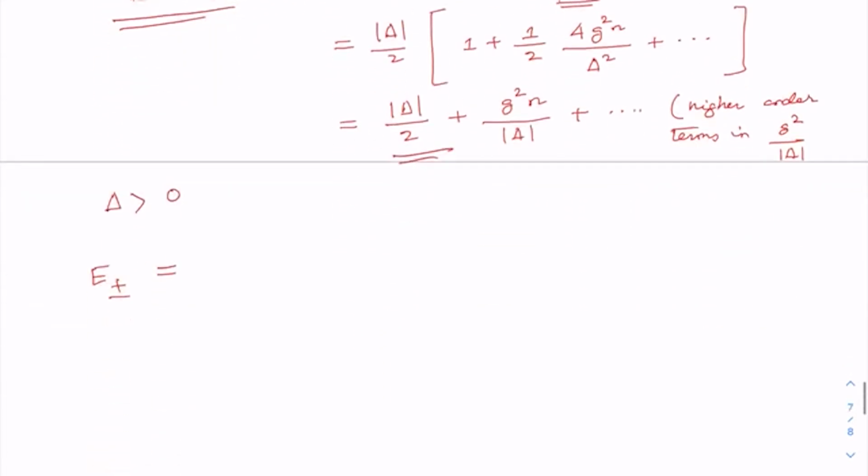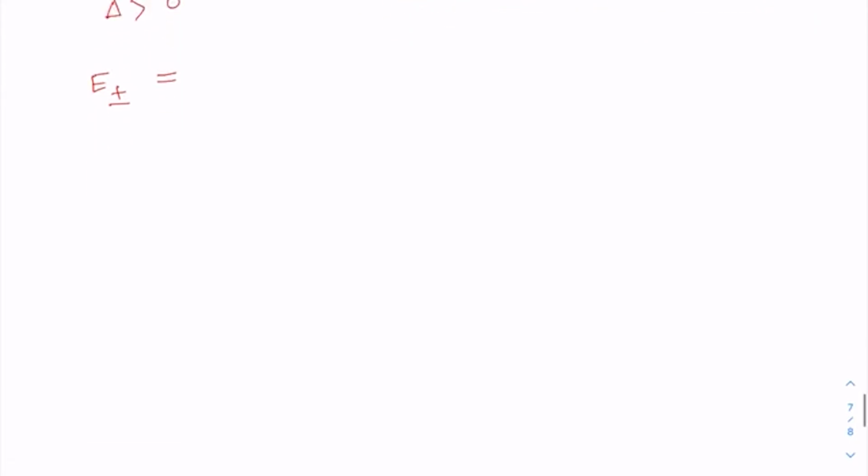So I will get E± equal to ħωn plus ħΔ/2 plus or minus ħ times this, which is what I am going to have, Δ/2 plus Ω²n by Δ.